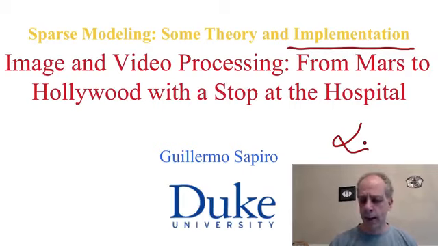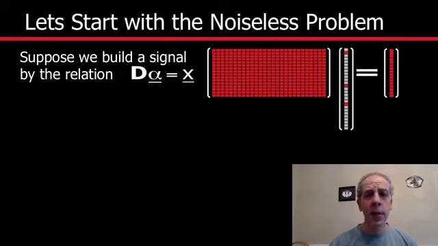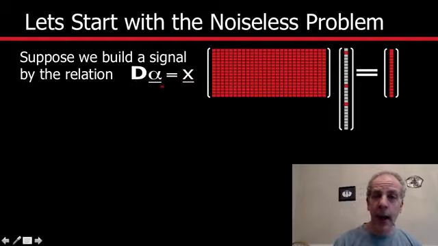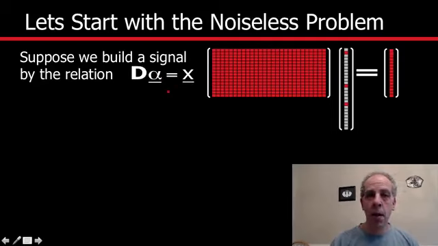Let's start with that. Assume that we have just produced a signal, x, as this product, basically as a sparse model. So assume that we know a dictionary D and we randomly pick an alpha with a few non-zero coefficients and we generate x.